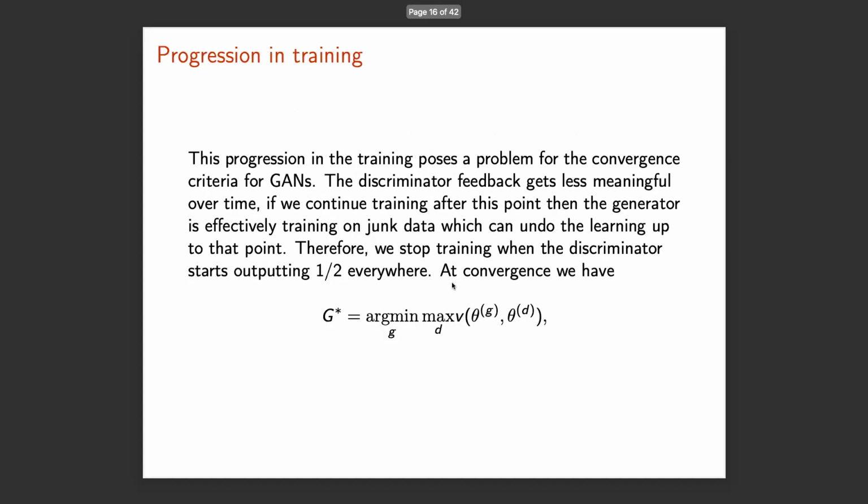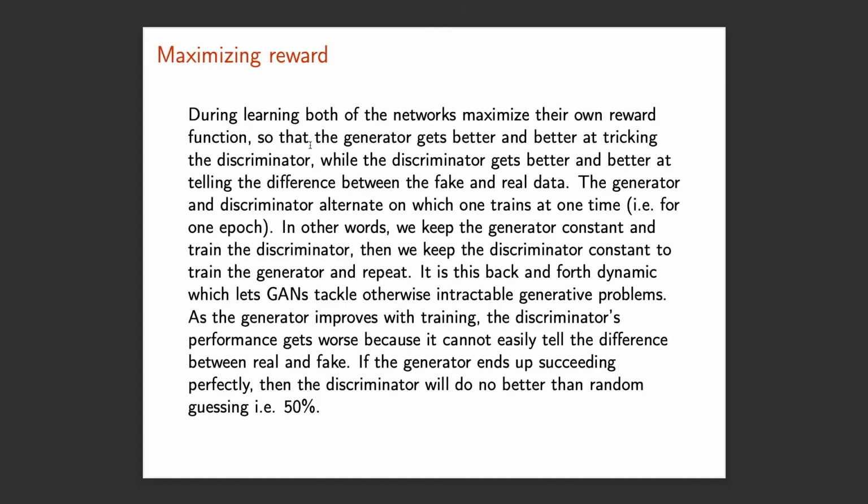Now let me bring back this text here and look at the way you would optimize this. During learning, both of the networks maximize their own reward function, so that the generator gets better and better at tricking the discriminator, while the discriminator gets better and better at telling the difference. If the generator ends up succeeding perfectly, then the discriminator will do no better than random guessing.